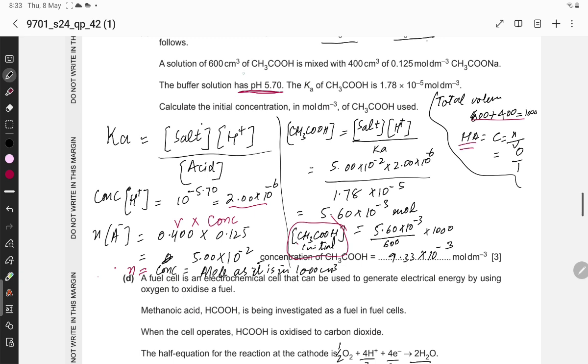A solution of 600 cm cubed of ethanoic acid is mixed with 400 cm cubed of 0.125 mol per dm cubed sodium ethanoate.